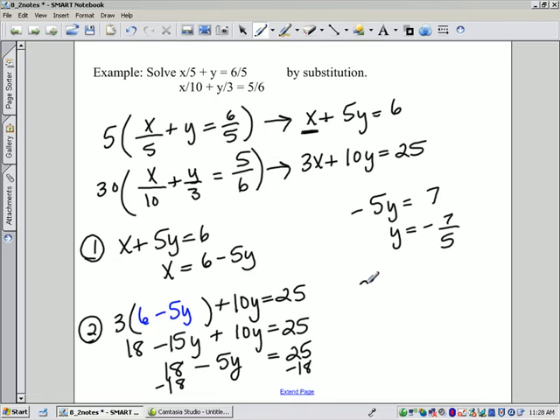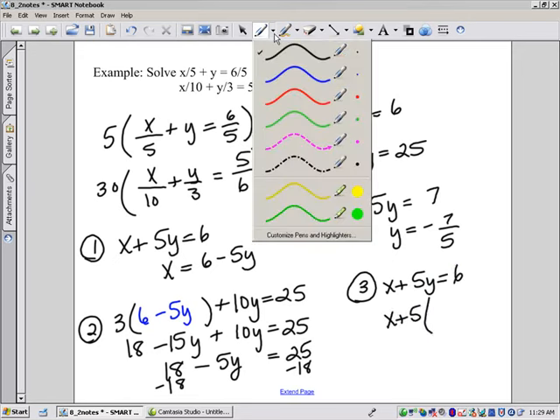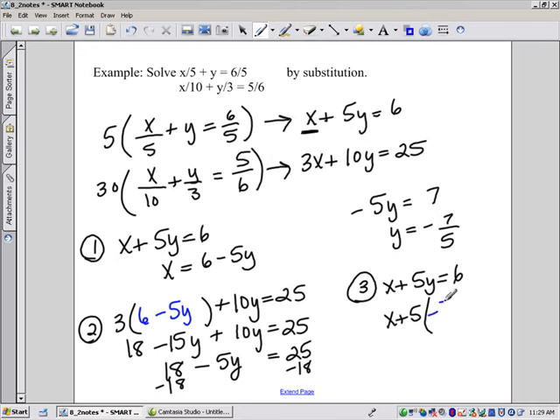What we would do now is solve for the x coordinate, since we already know now what the y coordinate is. So we're going to put this back into one of the equations that doesn't have fractions. So if we use x plus 5y is equal to 6, we will get x plus 5 times our value, which is negative 7 over 5, is equal to 6.